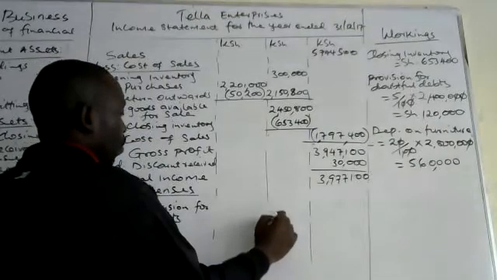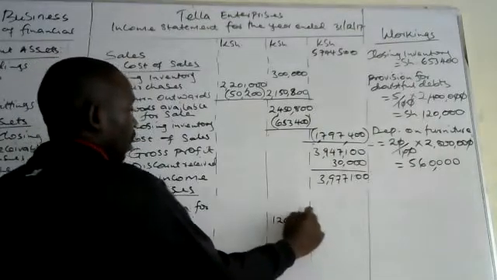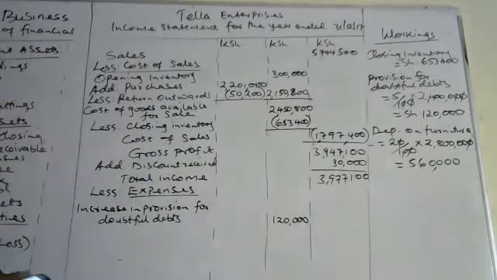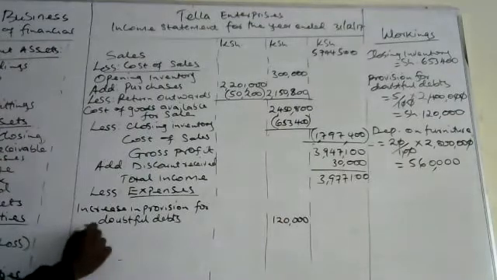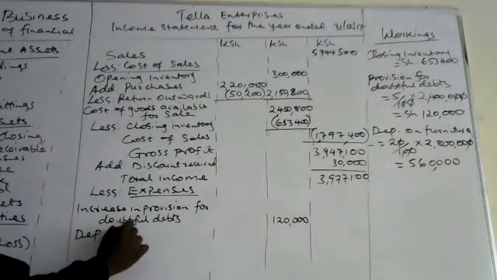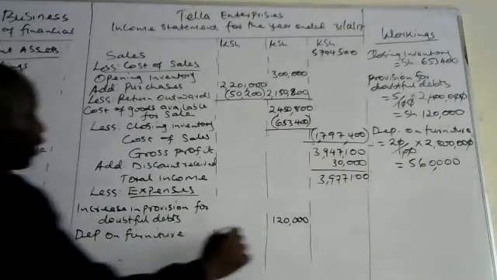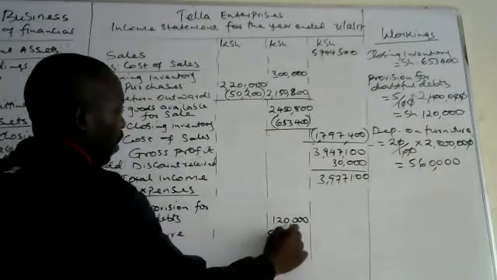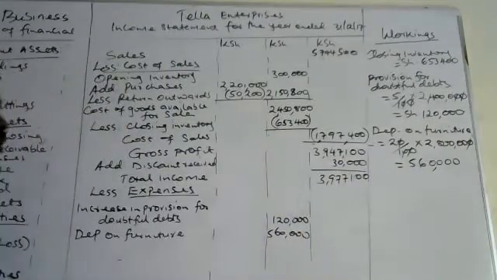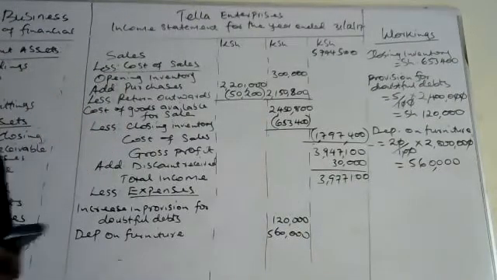We consider the whole of it as expense. Then we have depreciation on furniture. We calculated and found it to be 560,000. That is what we had on the additional information.